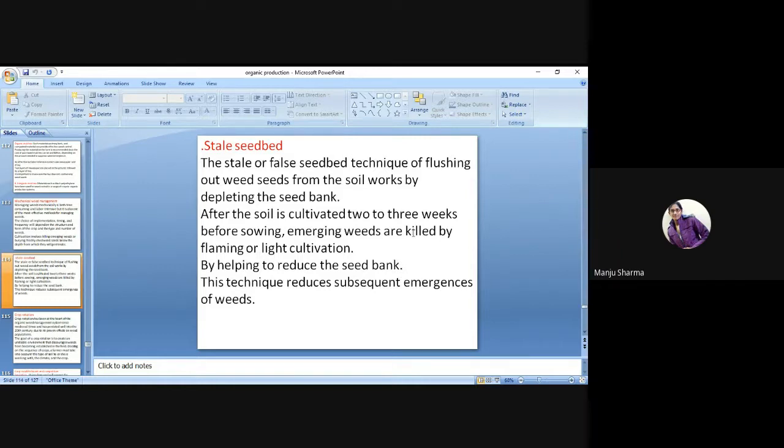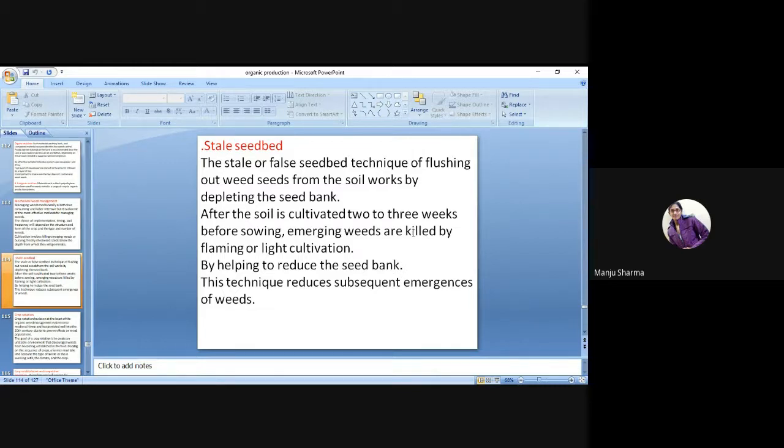So next is stale seed bed. The stale or false seed bed is a technique of flushing out weed seeds from the soil, and it works by depleting the seed bank.